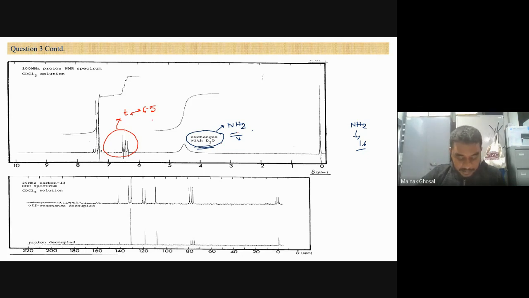The other pattern is a doublet kind of thing, with 1:1 intensity, at about 7.3. So one is a triplet at 6.5, another is a doublet at 7.3, and another is NH2. Anything else you cannot see here. From this idea, you can tell how many different kinds of protons are possible in the molecule. You see here, two different types of protons are possible in this molecule, right?